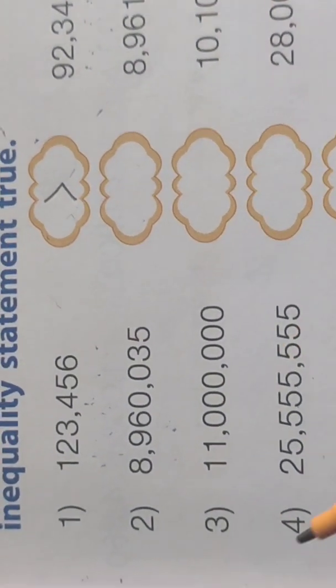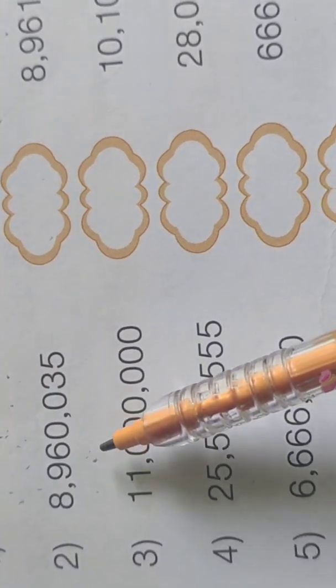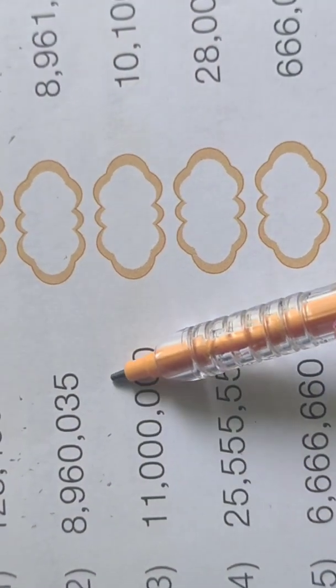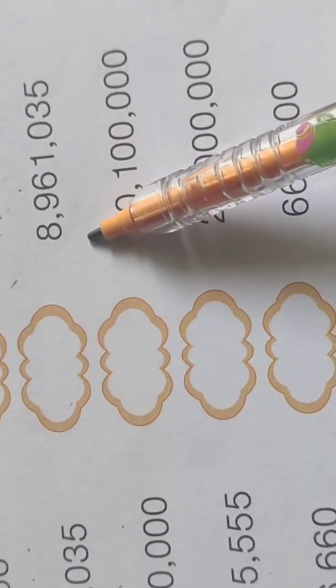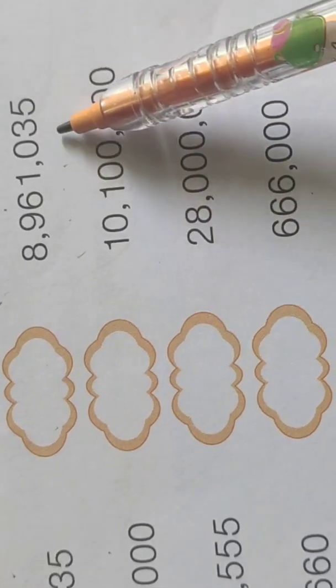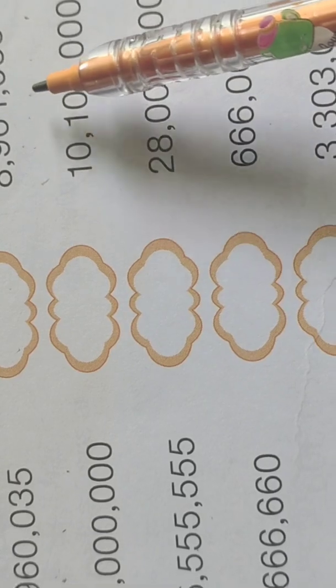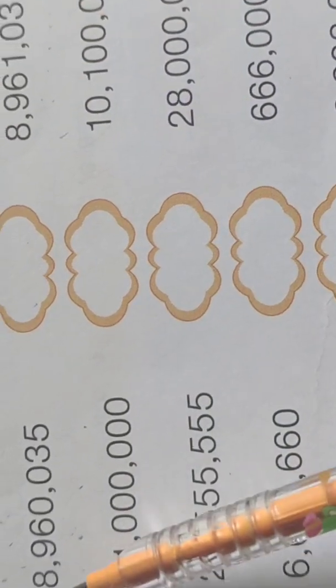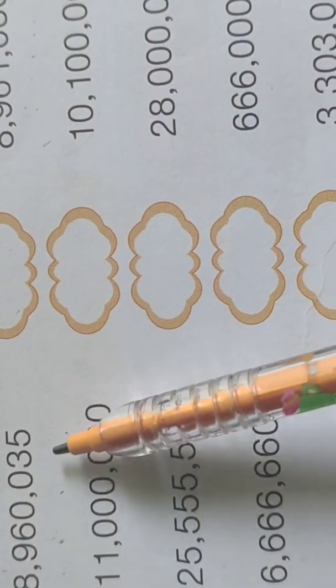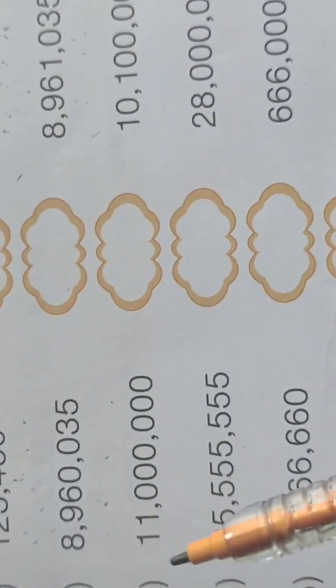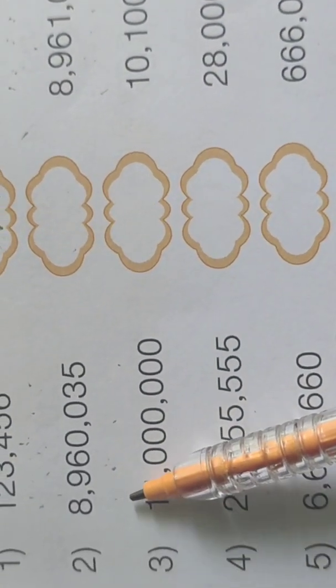Okay. Number 2, 8,960,035 and 8,961,035. So these two numbers have the same number of digits, which is 1, 2, 3, 4, 5, 6, 7 digits each. So we are going to look.